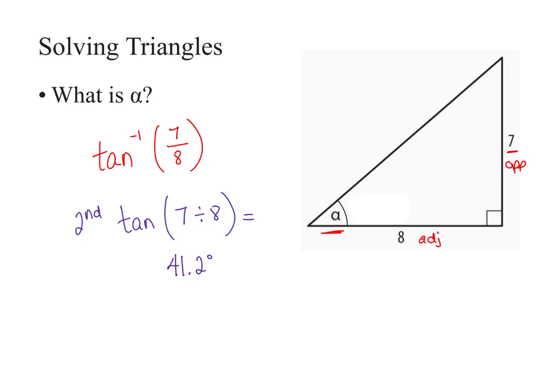If you just do 7 divided by 8 in your calculator, you're going to get 0.875. That is the ratio between an opposite and an adjacent side for every angle that measures 41.2 degrees. So whether it is an angle that fits on my paper or an angle from a satellite dish to Earth, 41.2 degrees will give me that same ratio between those two sides.